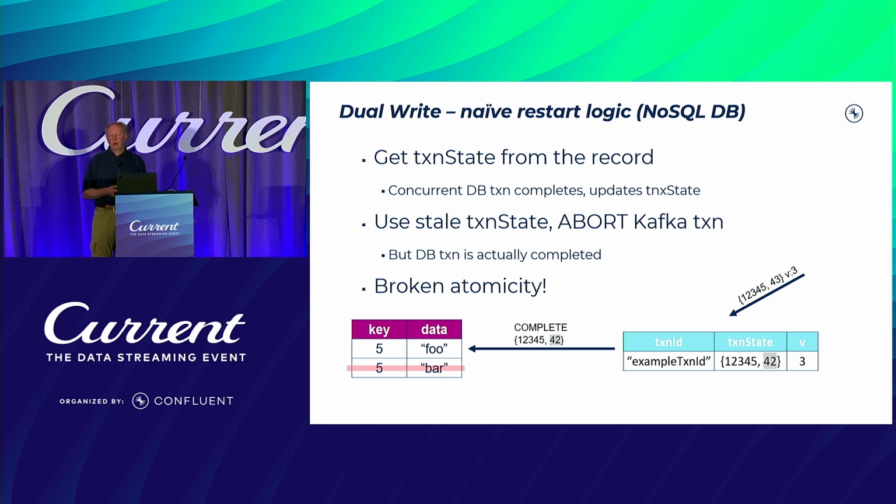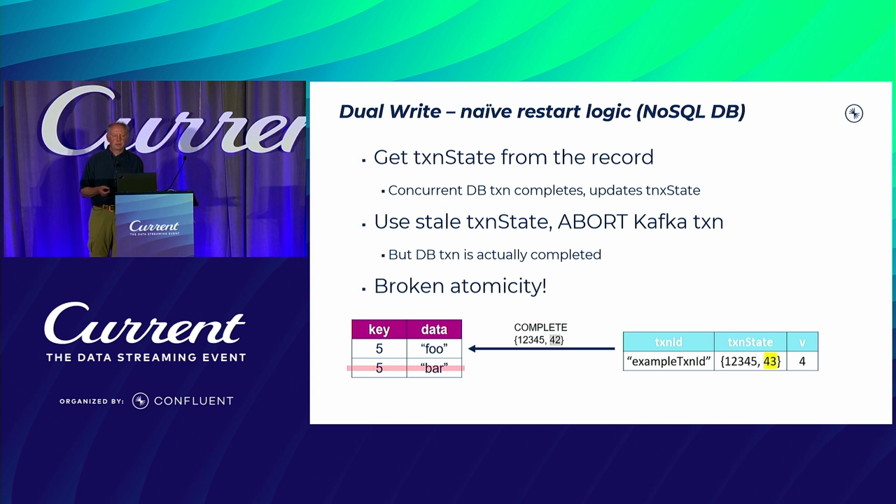We actually don't know whether a transaction is still ongoing, and if it is, it could complete and update the state after we already aborted the transaction and undone the part on the Kafka side. This obviously breaks atomicity, because now we have a successful transaction on the database side that is not reflected in the Kafka log.